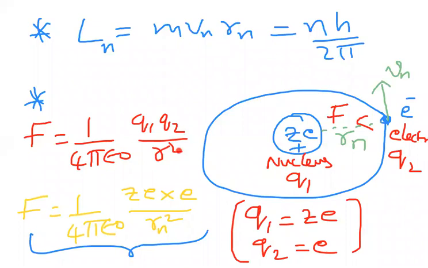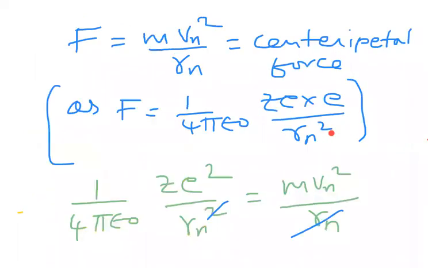One more thing I observed: the electron is attracted towards the nucleus. This force acts towards the center and is called the centripetal force. From circular motion, we know the centripetal force formula is m v square by Rn. So I equated the electrostatic force with the centripetal force.